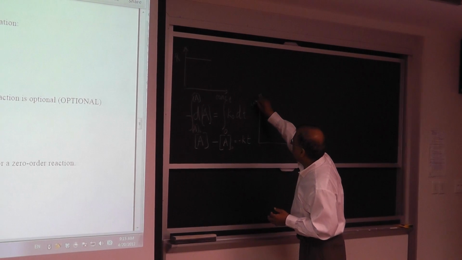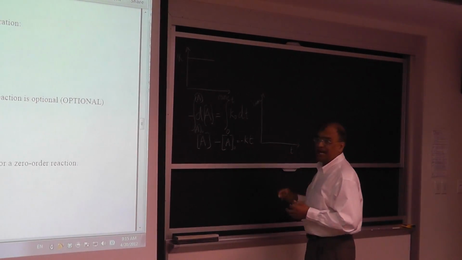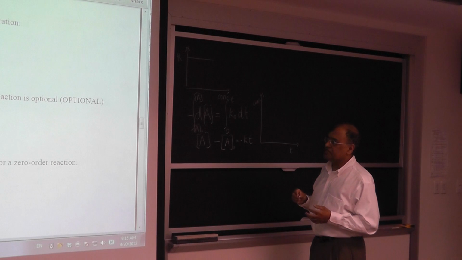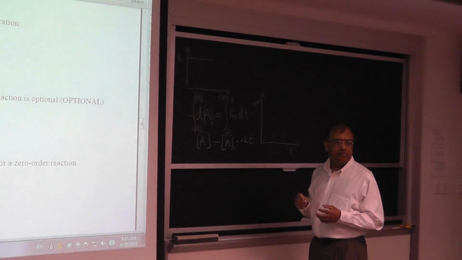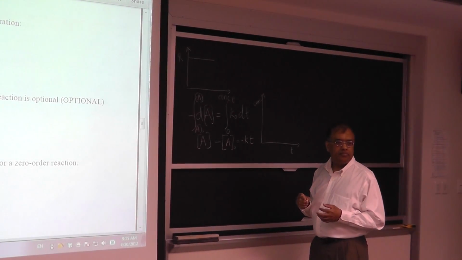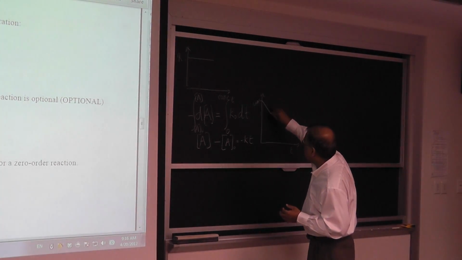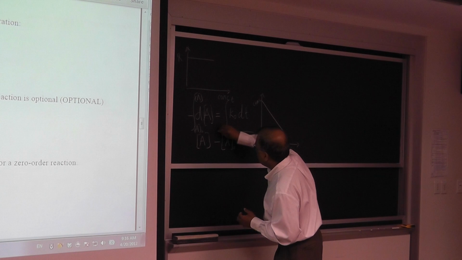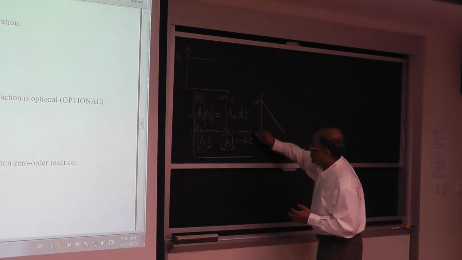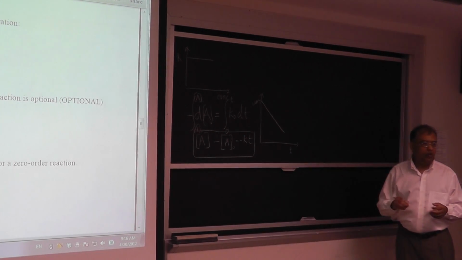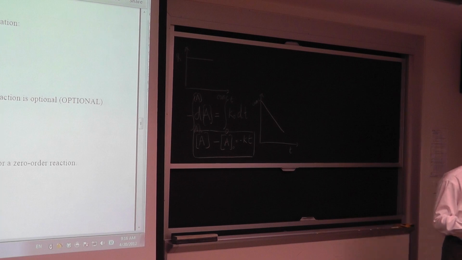Again, we're talking only about a zeroth order reaction. What will the concentration as a function of time look like? It'll be linear going down, because this here is y equals mx plus b.